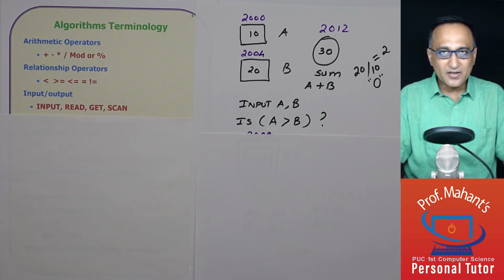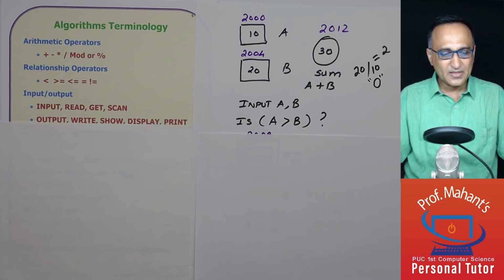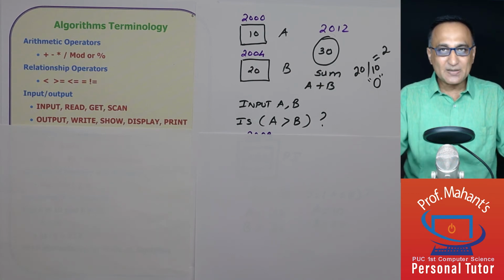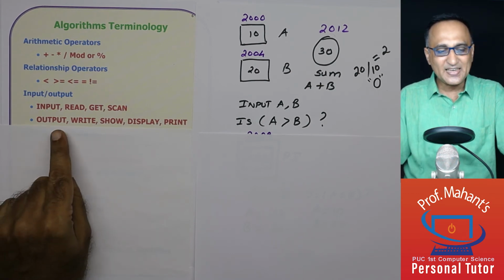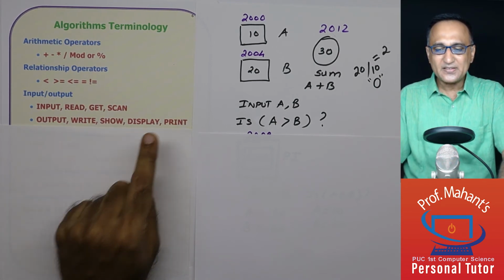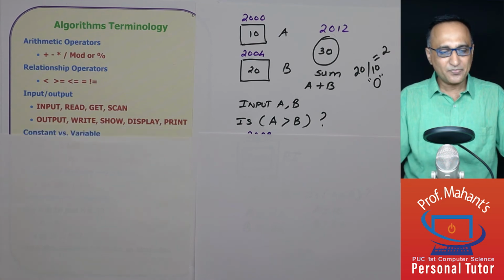If I want to display the sum after calculation on the screen, then I'll say output, write, show, display, print. These all mean the same.